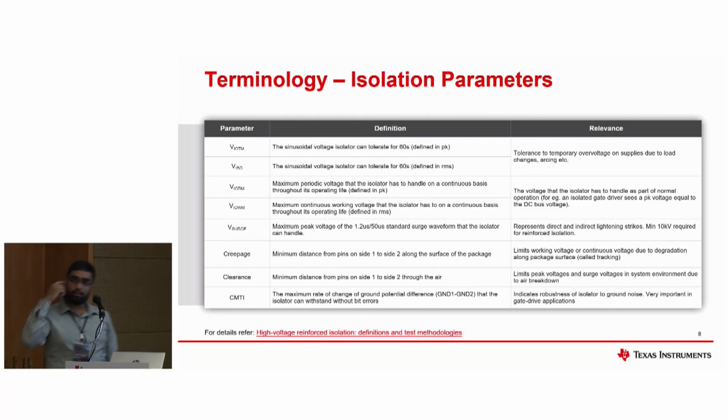When I say standard, there are two major international standard bodies that regulate these numbers. It's IEC and VDE working together for the European markets, and UL 1577 for the US markets. Now, VIOTM and VISO is nothing but maximum transient peak voltage and maximum withstand isolation voltage.